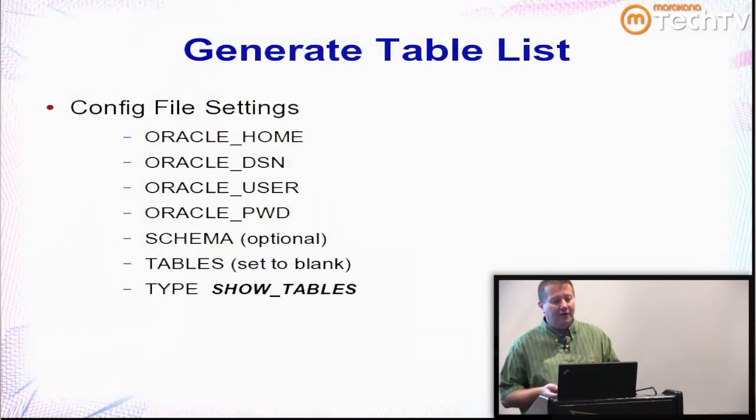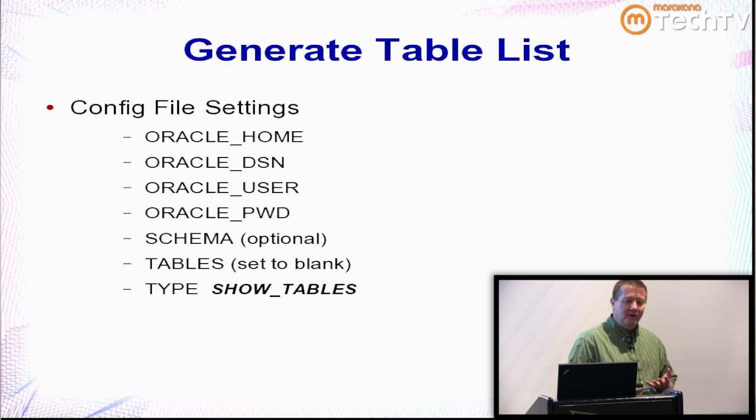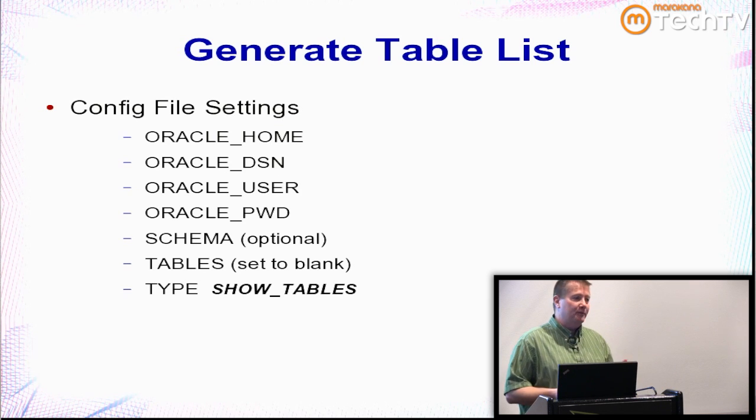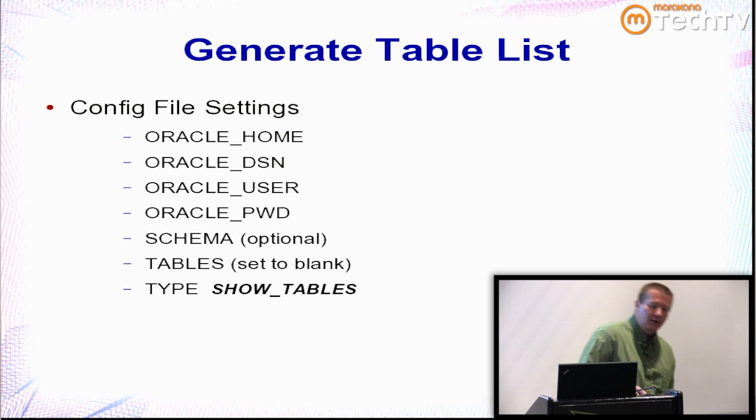first we wrote a script that would generate a table list for us. The script was nothing more than a wrapper script around ora2pg. We would set the Oracle variables, set the schema variable, leave the tables blank, and set the type variable to SHOW_TABLES, which actually isn't in the list in the comments, but if you read through the documentation, it talks about setting it to show tables and it will give you just a list of tables.